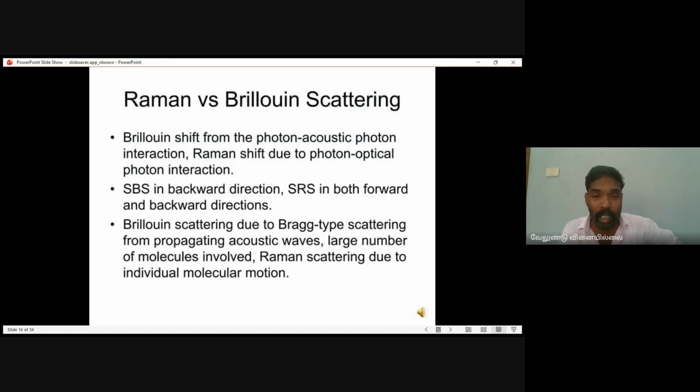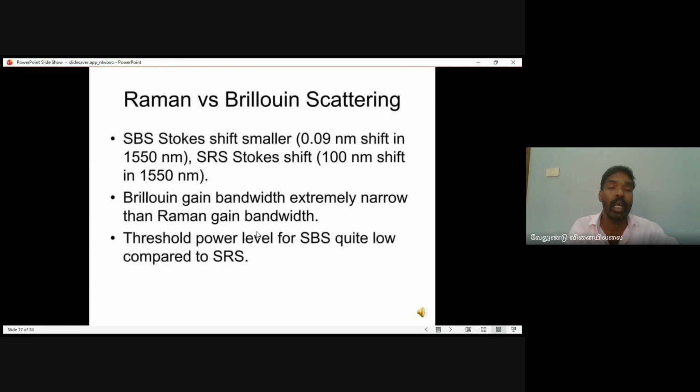SBS is in the backward direction, and SRS is in both forward and backward directions. Brillouin scattering is due to broad types of scattering, with a large number of molecules involved. Raman scattering is due to individual molecular motions. So Raman scattering is completely based on individual molecular motion, but Brillouin scattering is based on acoustic waves and large numbers of molecules. The SBS shift is 0.9 nanometer, while the SRS shift is 100 nanometer at 1550 nanometer.